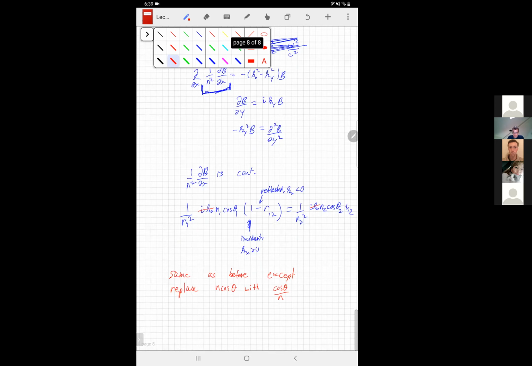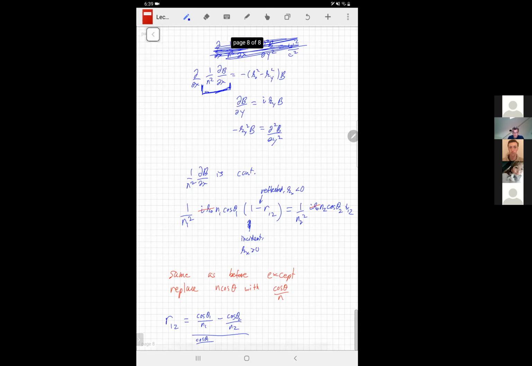And so if I just make that change, then R12 is equal to cosine theta 1 over n1 minus cosine theta 2 over n2 over cosine theta 1 over n1 plus cosine theta 2 over n2.